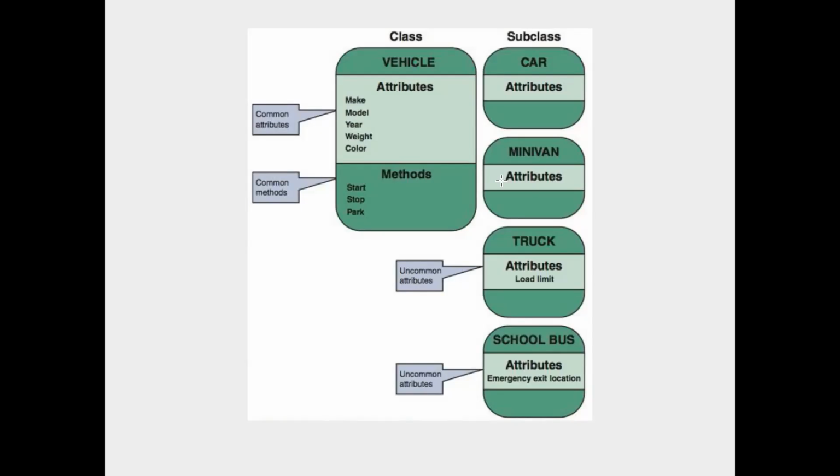Similarly, if you take school bus, emergency exit location is a very specific attribute only for school bus. Right? So the subclass can actually inherit, we call it inheritance, which means they can make use of all the common attributes and common methods. Right? And then there could be some uncommon attributes.